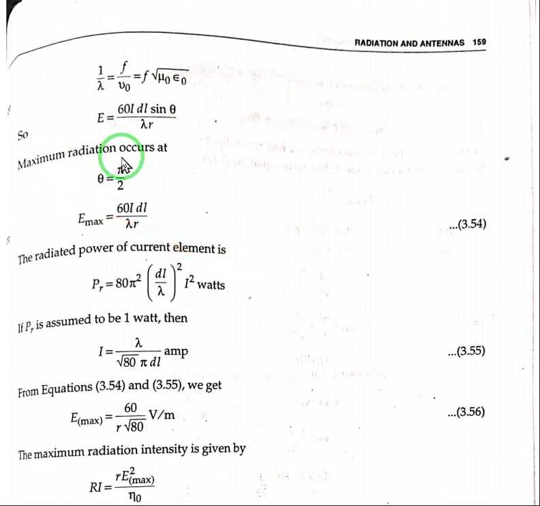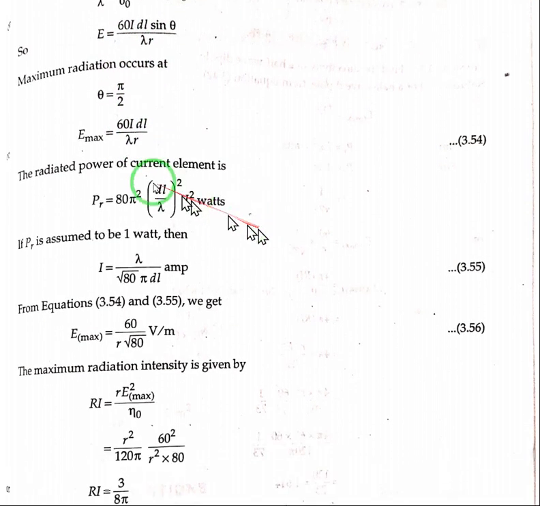We know that the maximum radiation for a Hertzian dipole occurs at pi by 2. We replace theta by pi by 2. Sin pi by 2 is 1, so it becomes 60 I dl over lambda r. That is the E maximum for the alternating current element or Hertzian dipole.